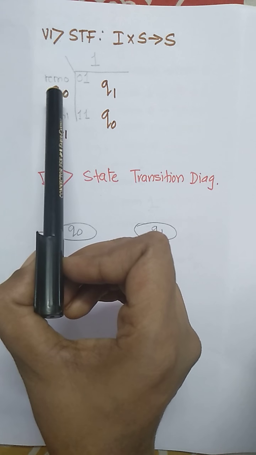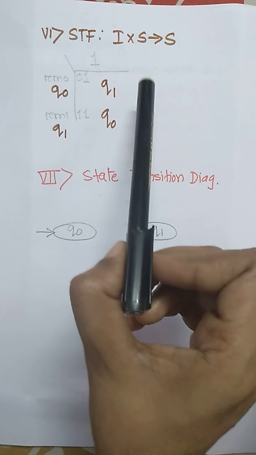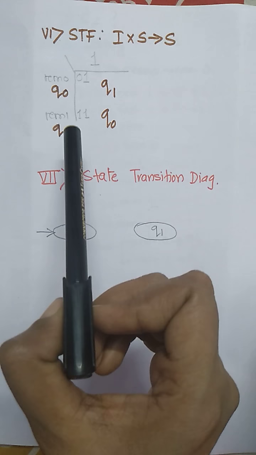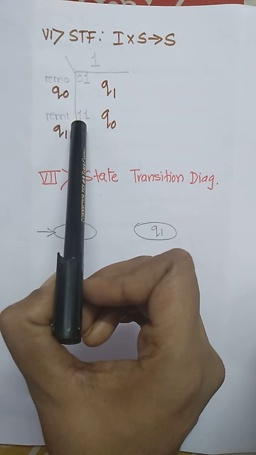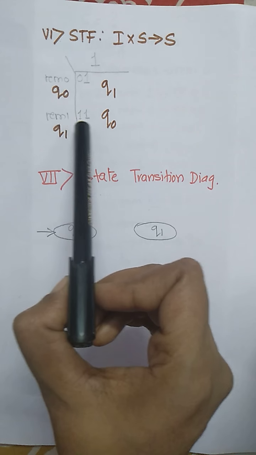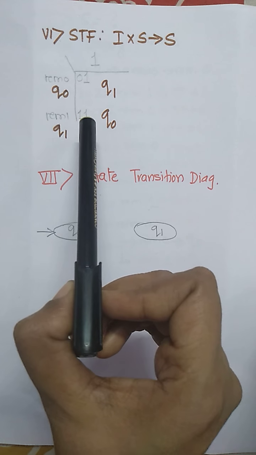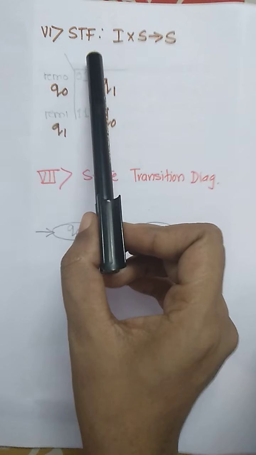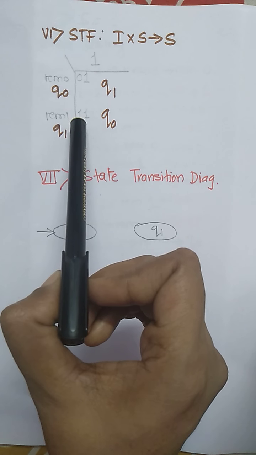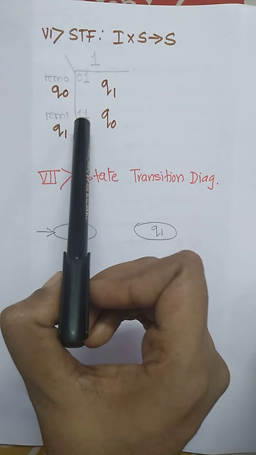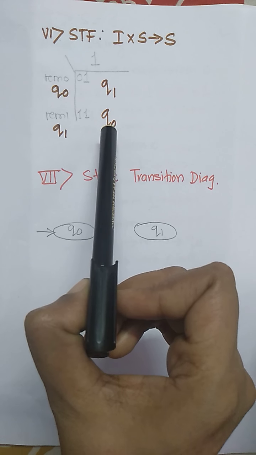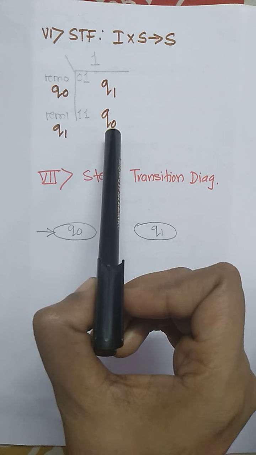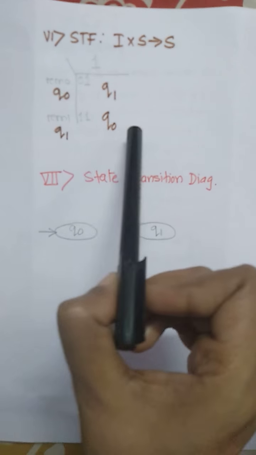That's why Q0 with input 1 goes to state Q1. Current state Q1, with the next bit 1, generates number 2. Number 2 is divisible by 2, so the remainder is 0, which is also known as Q0. So this completes our state function.